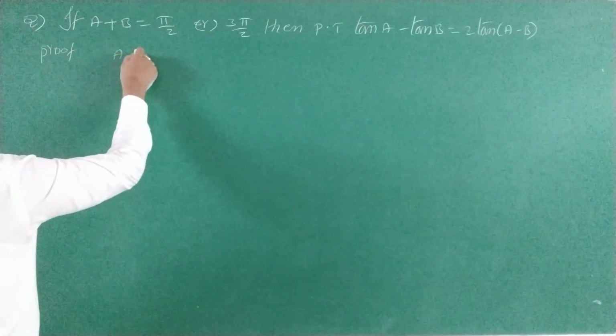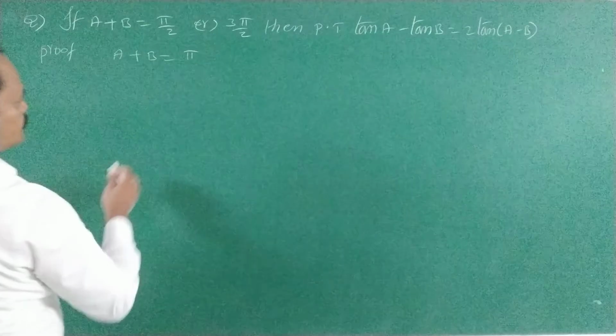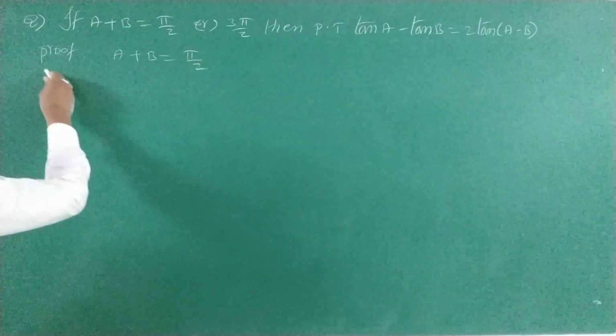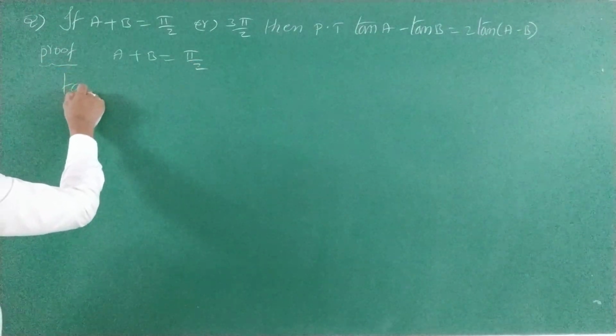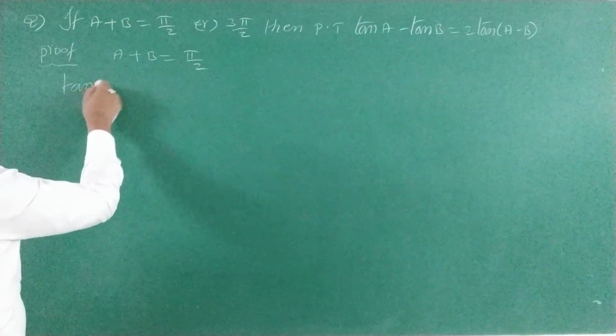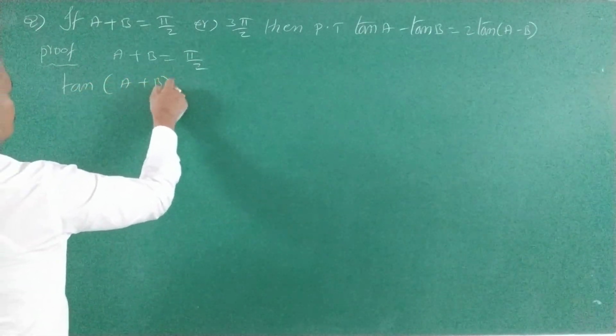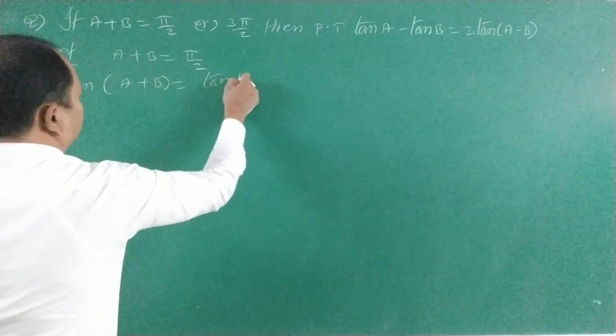Take A plus B is equal to pi by 2. Apply tan on both sides. Then tan(A plus B) is equal to tan pi by 2.